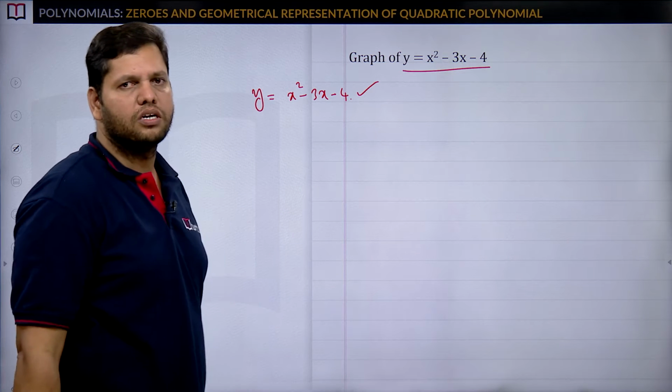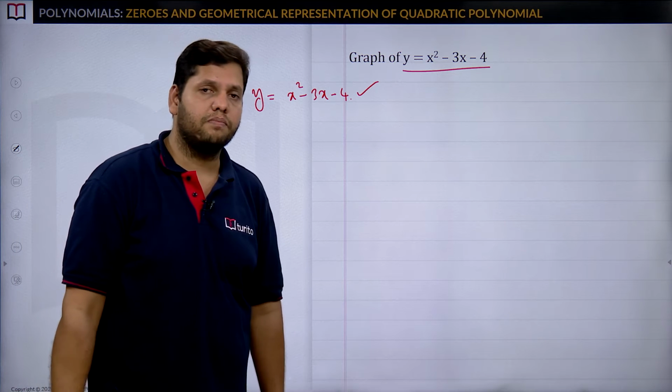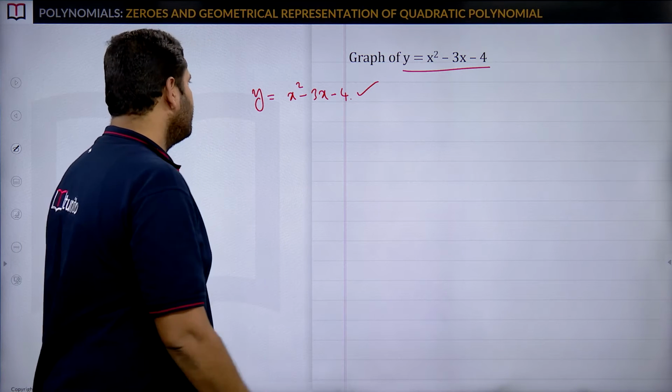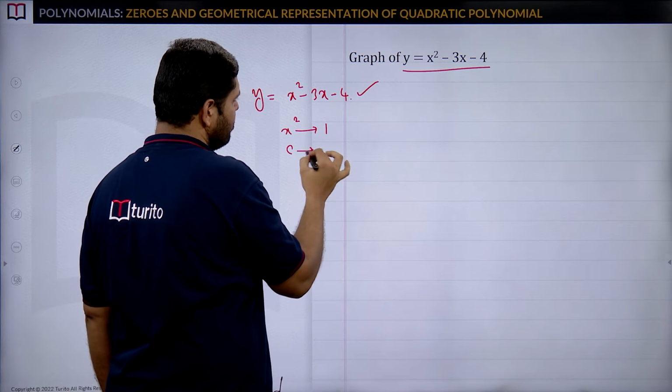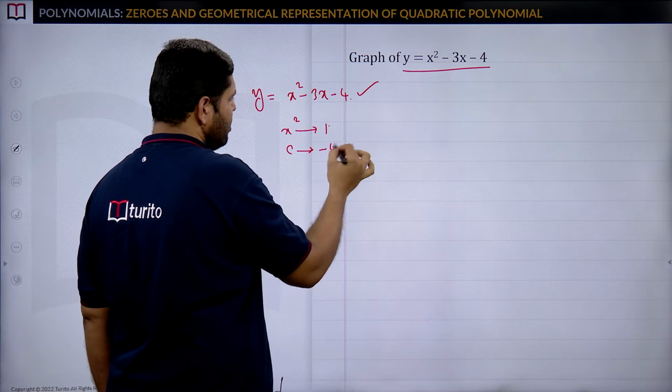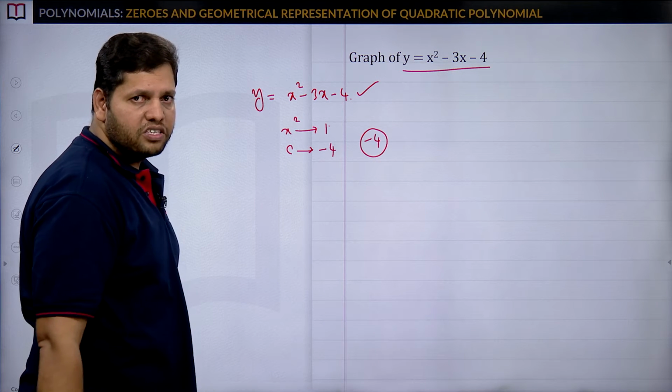Are you getting my point, children? So by which method do we need to factorize this? By the splitting the middle term method. Okay, here what is the x square coefficient? The x square coefficient is 1 and the constant is minus 4. So 1 into minus 4, what is the value? It is minus 4. Now what are the factors of minus 4, children?